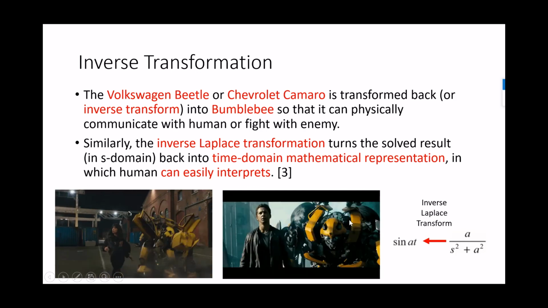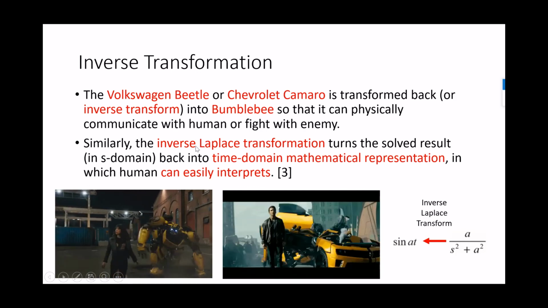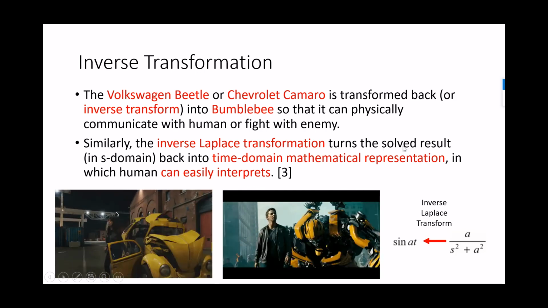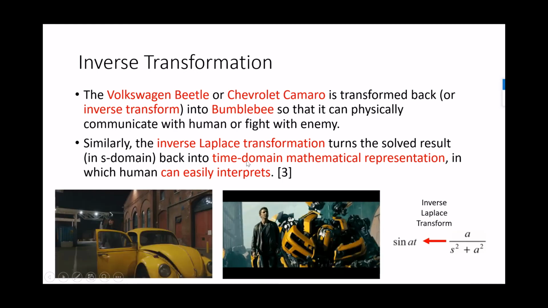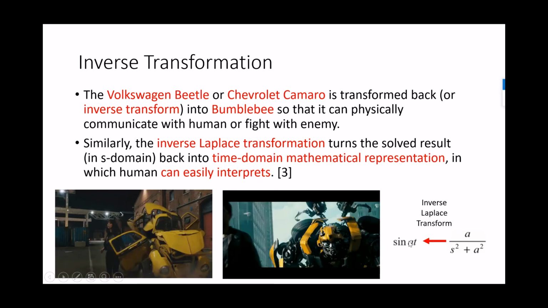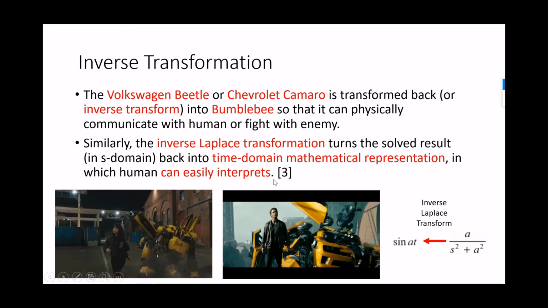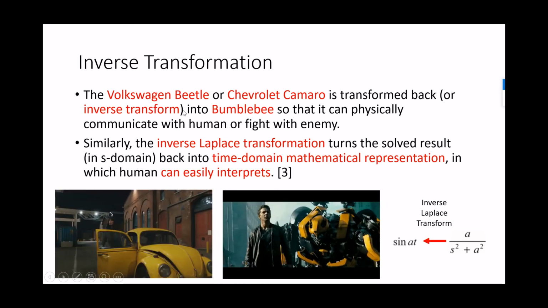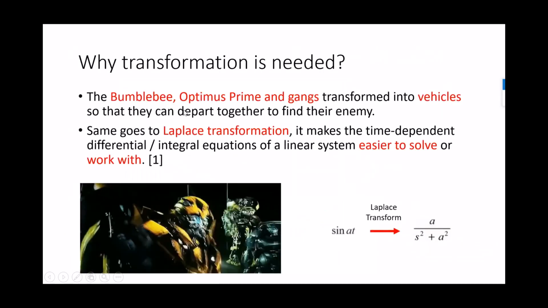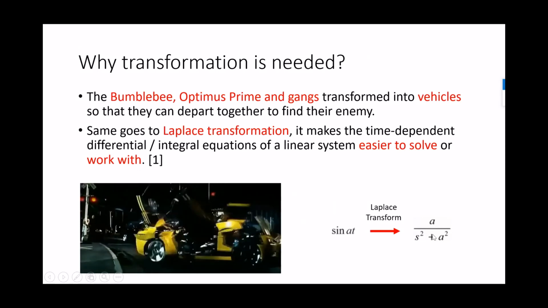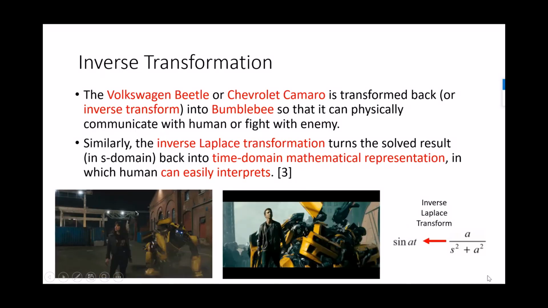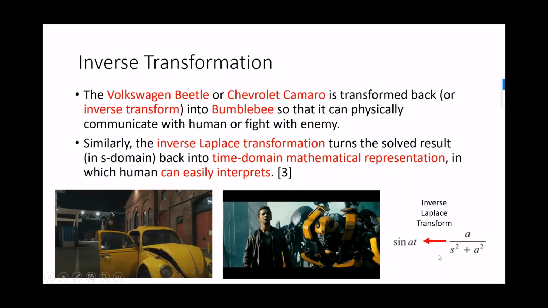The robot can fight. Similarly, the inverse Laplace transform turns the result in the S domain back into a mathematical time domain representation so that humans can easily interpret it. Initially you transform the time domain signal to the S domain, then you solve the calculation using normal mathematical methods, the polynomial methods.